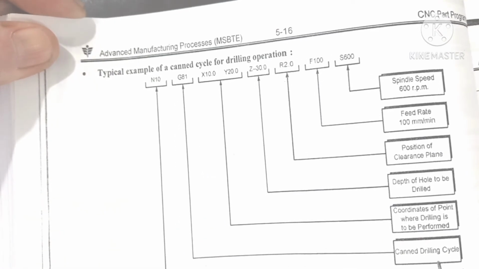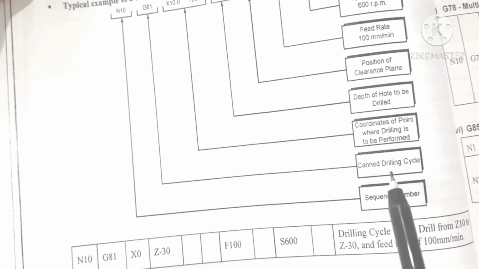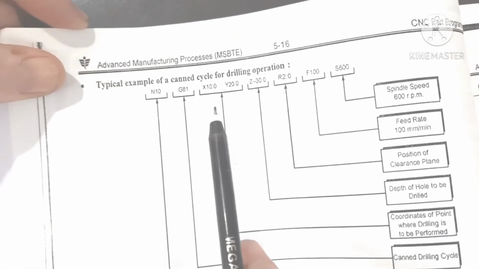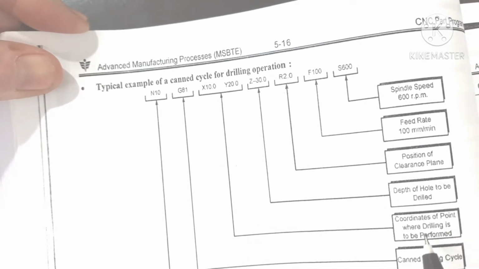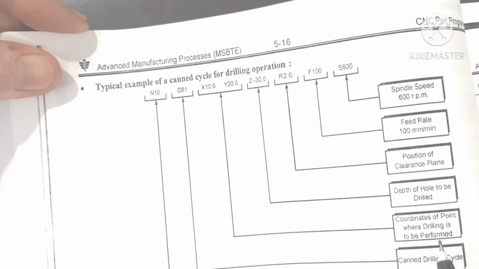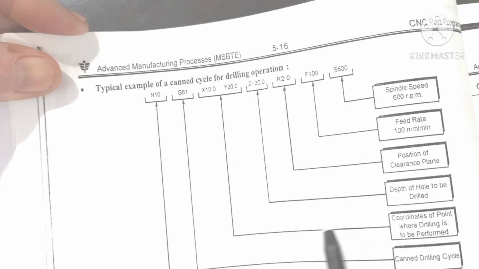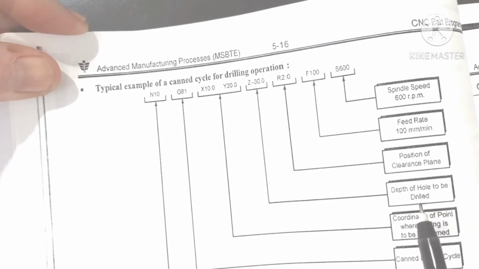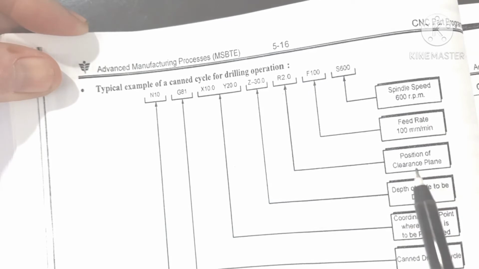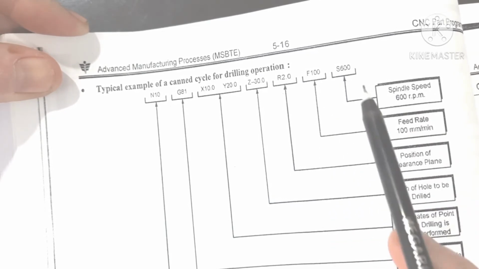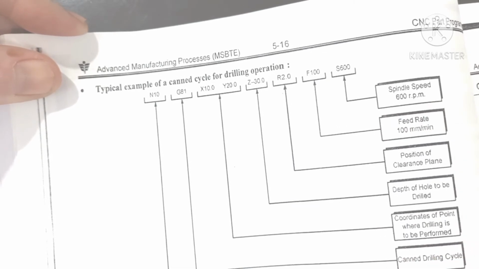G81 is the drilling cycle, and X10 Y20 means coordinates of the point where drilling is to be performed on the x-axis and y-axis. Z30 is the depth of the hole to be drilled. R2 is the position of the clearance plane. F is the feed rate. S is the speed of the spindle, 600 rpm.